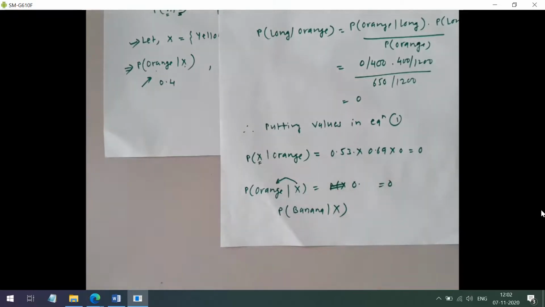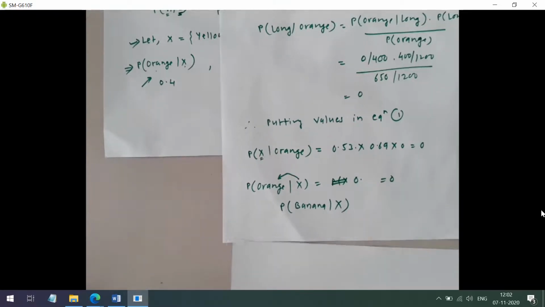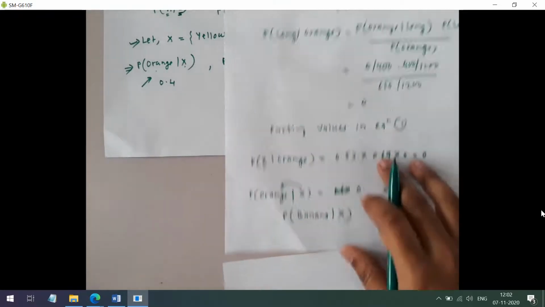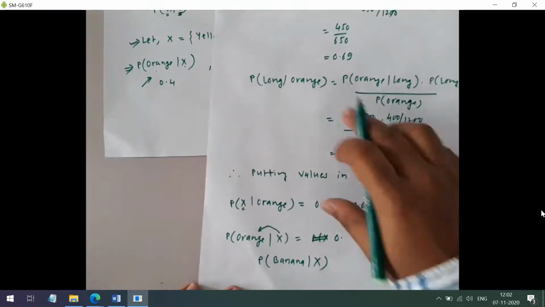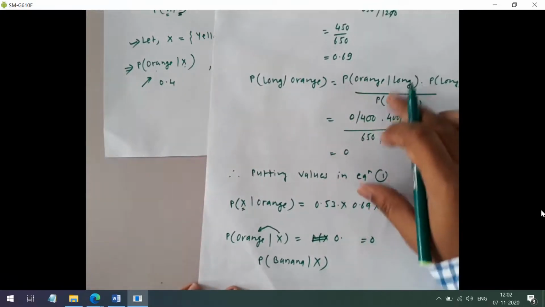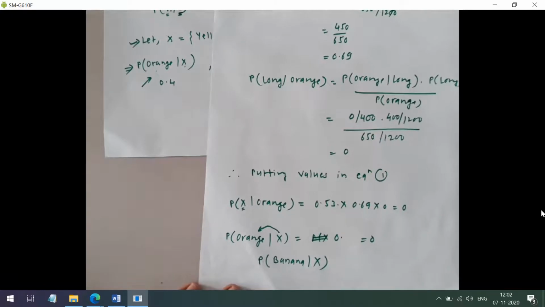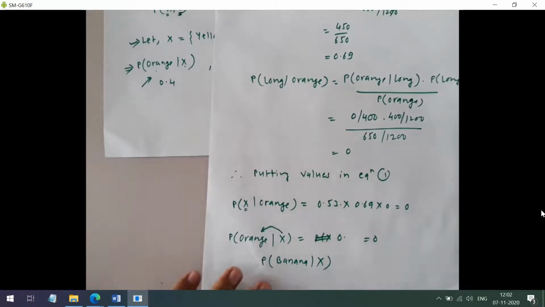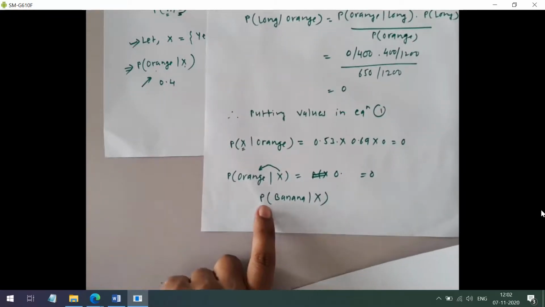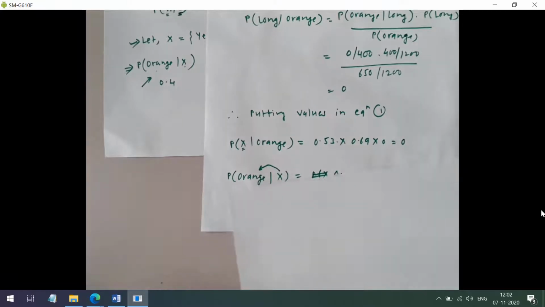Now we will use the easy technique to calculate the values. So this is using the Bayesian classifier equation, and it is very lengthy, so we will use the shortcut technique to calculate the value of probability of banana given x.